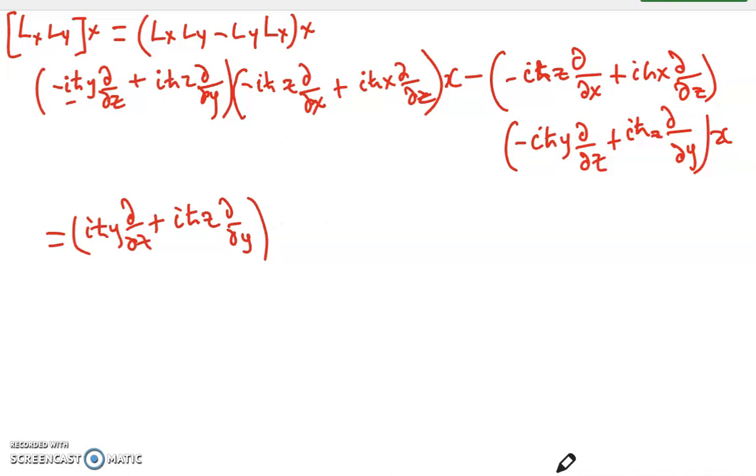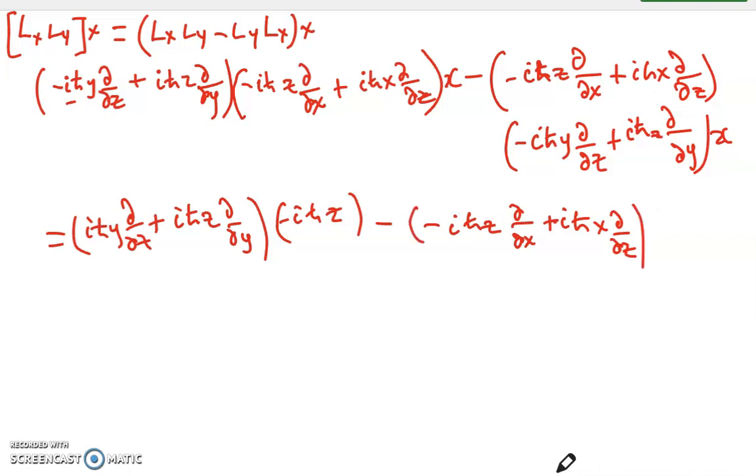The whole of this will give us negative i h cross z, minus, when we operate on this, we will get negative, because we have negative inside, i h cross z d/dx, plus i h cross x d/dz, just like the way we have it here.